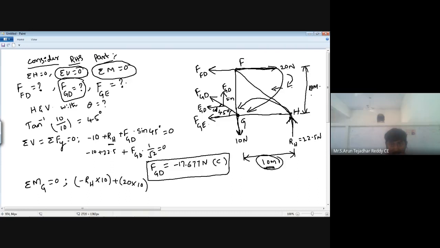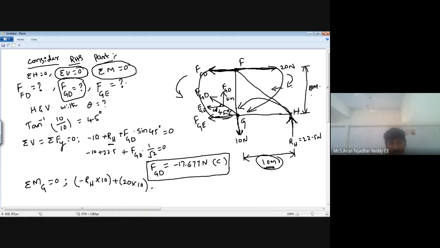Next, check the other force acting here at point F. That is FFD. The direction is to the left side, so it is moving in this way. It is an anti-clockwise direction.